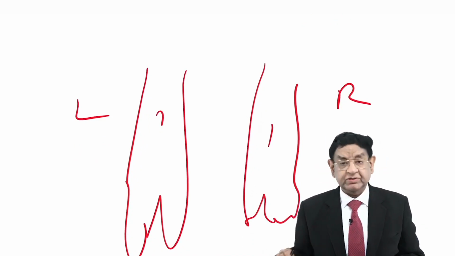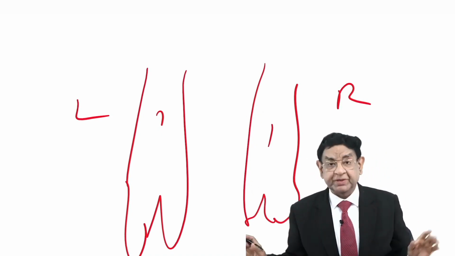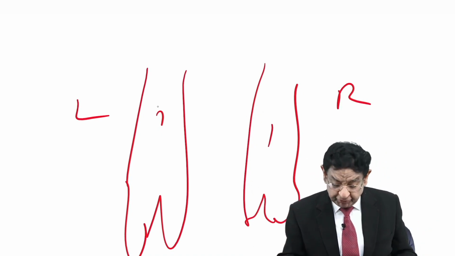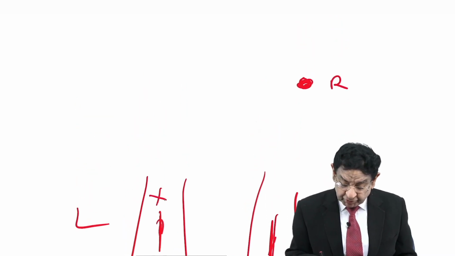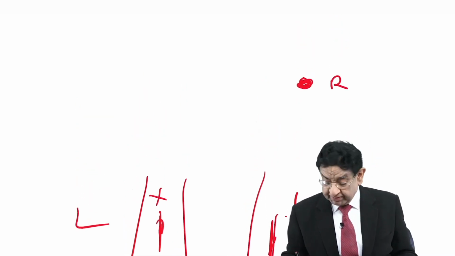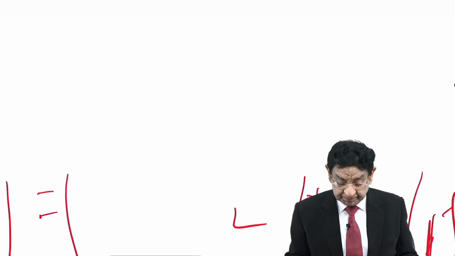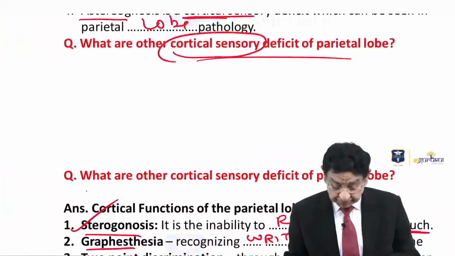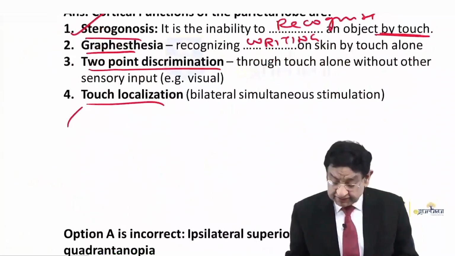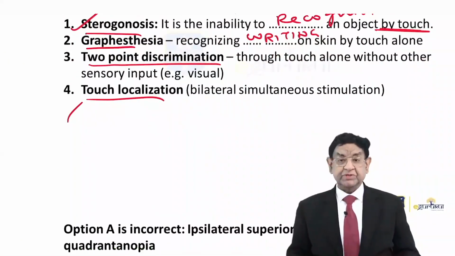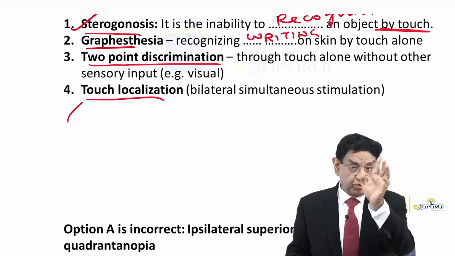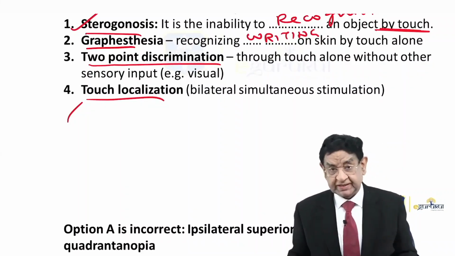You touch here on the left side alone, he can appreciate. But if you touch both together, he will not be able to appreciate both. Only one side he will be able to appreciate. This is so-called touch localization. Bilateral simultaneous stimulation will be appreciated only on one side, not on the other side.